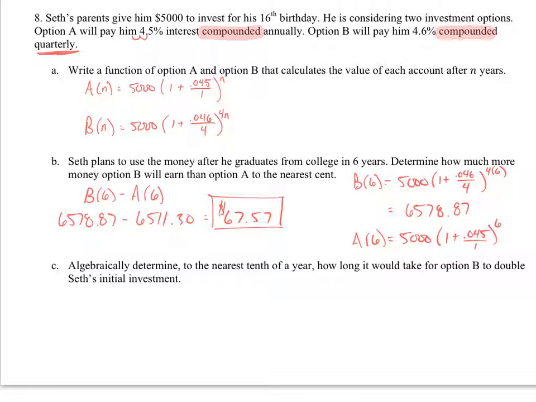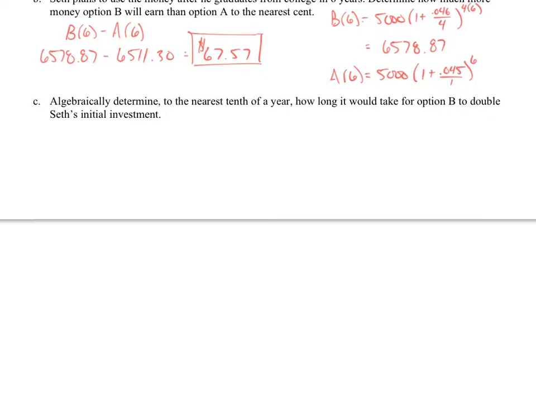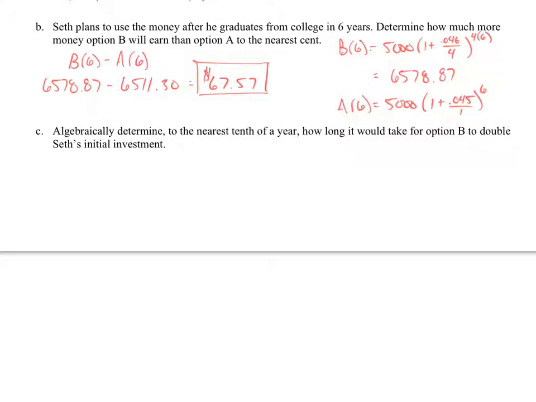Let's talk about C, because C is where these logarithms come into play. We've got a little bit of time. Algebraically, determine to the nearest tenth of a year how long it would take for option B to double Seth's initial investment. So we're going to use B of n, that's our time. We still have $5,000.